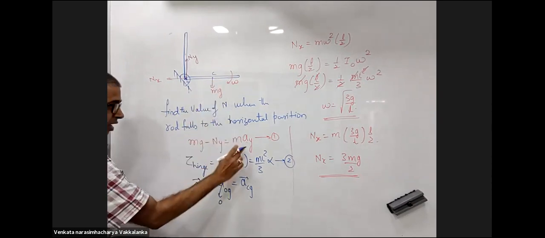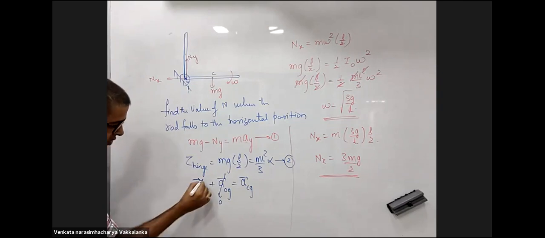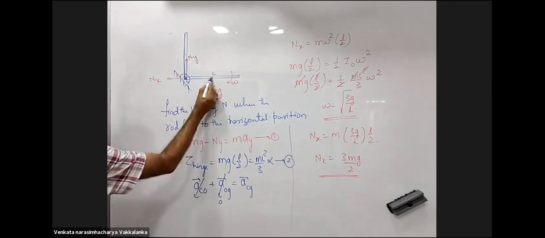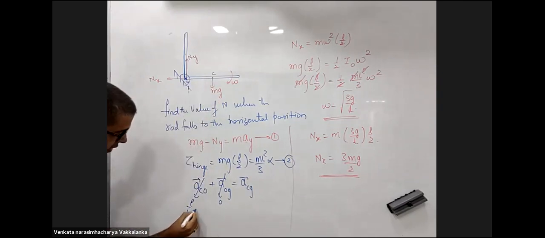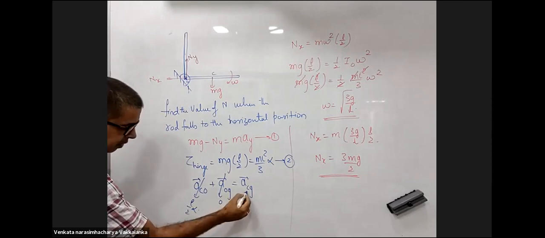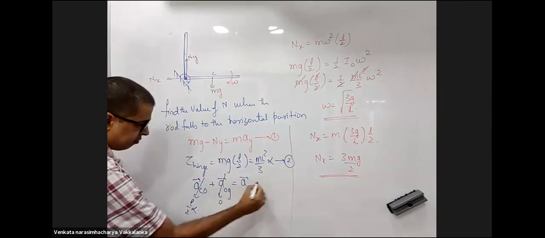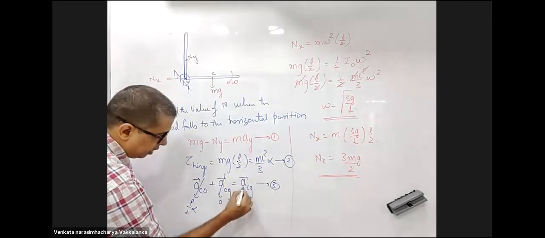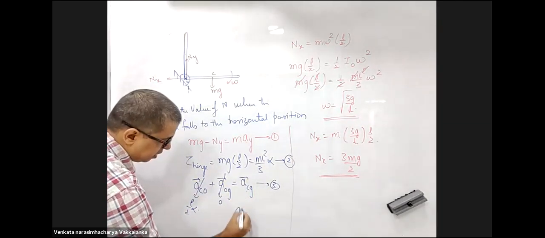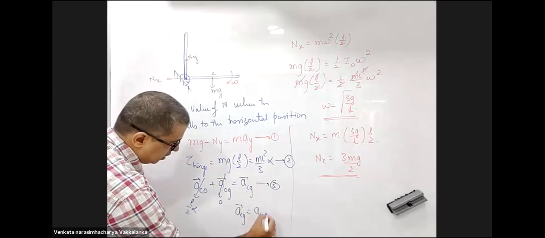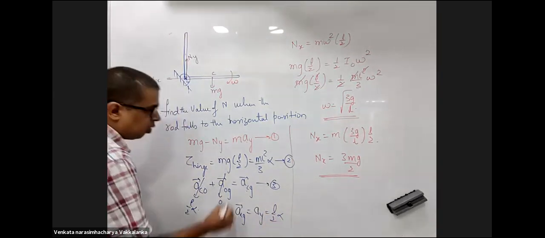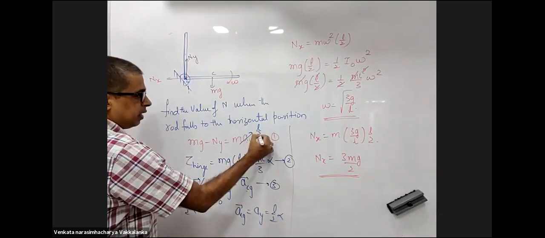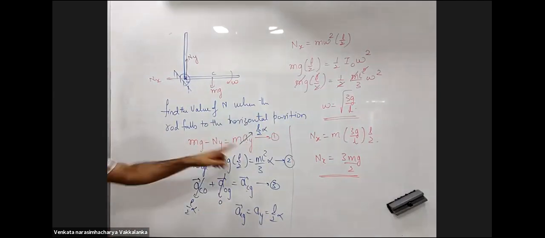Center of mass with respect to O is L by 2 alpha. So technically, from the third equation, I will get AC with respect to ground, which is Ay, as L by 2 alpha. Ay is L by 2 alpha.